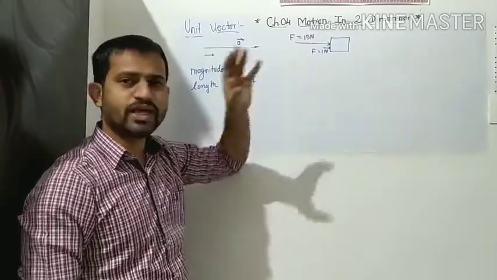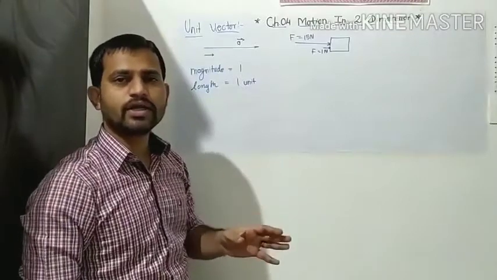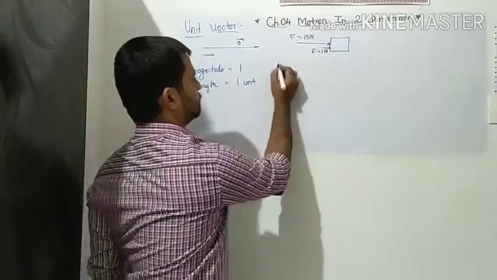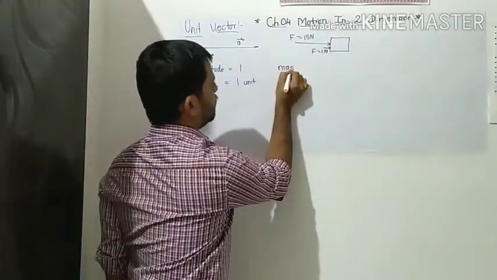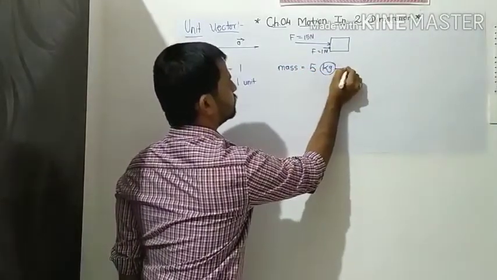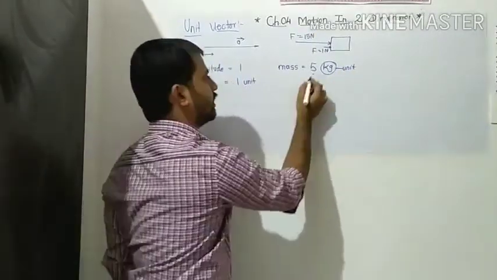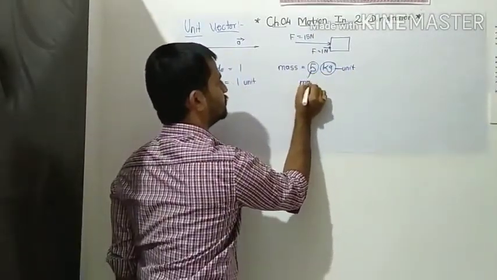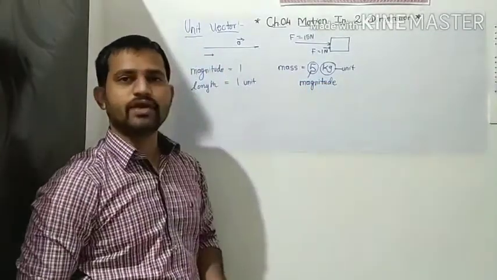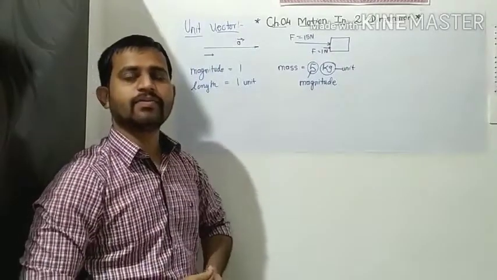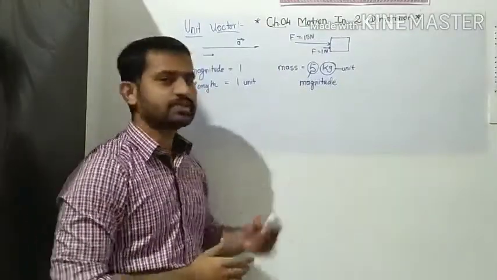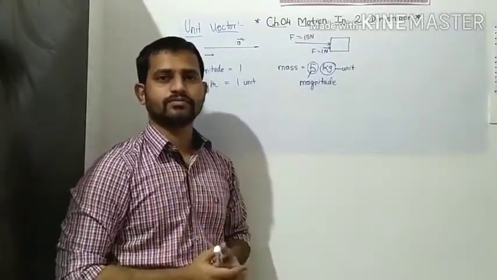Any quantity, suppose we have the mass of 5 kg. Then in that case, the kg is the unit and 5 is the magnitude. So if we have to find the unit vector for this mass, the unit vector will be 1, and what is the unit?